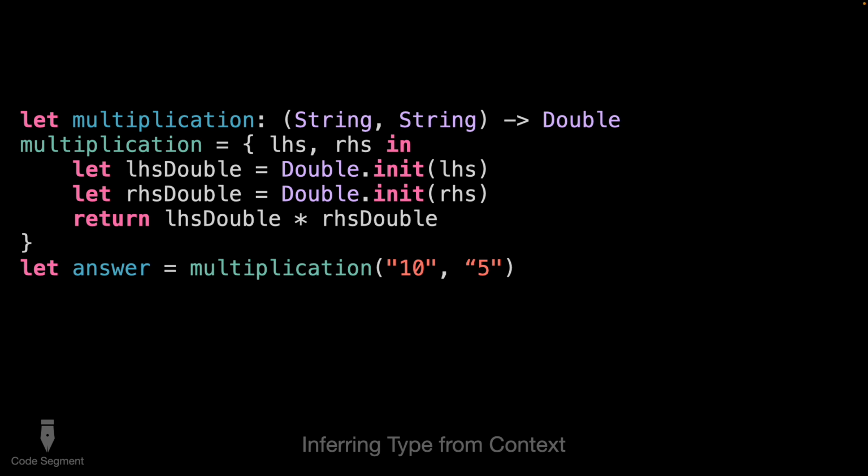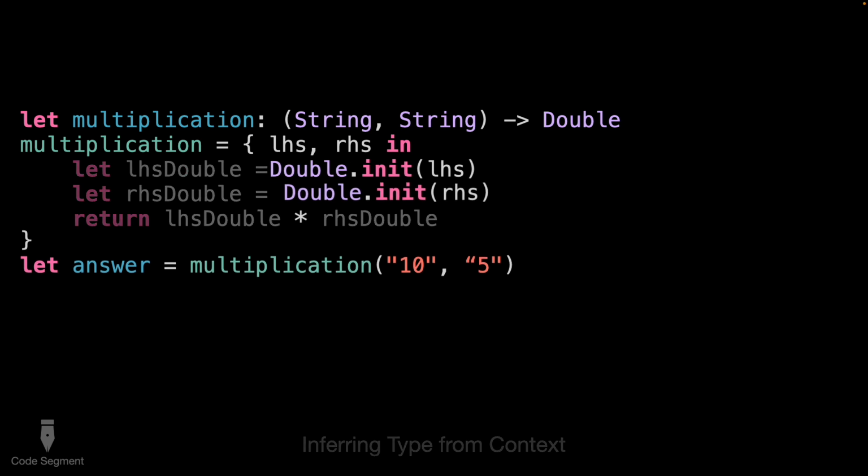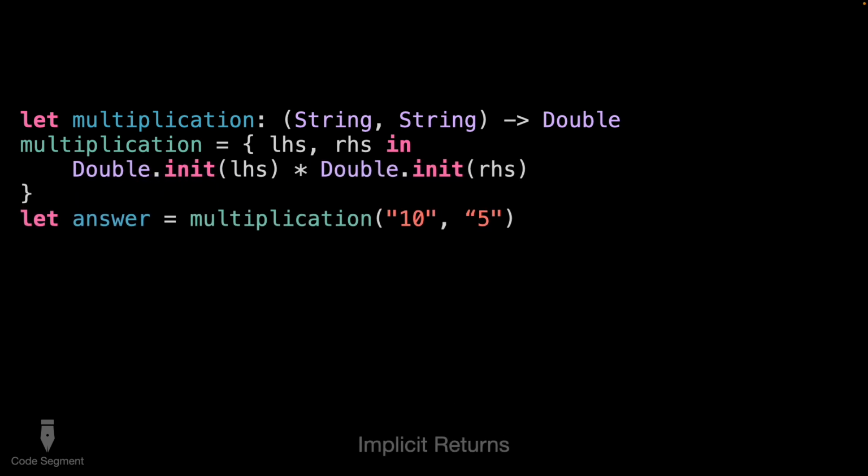However, if rather than assigning these to constants, we just do the multiplication inline all at once, we don't need a return keyword. It knows that this is a return. This only works if it is a single expression. If you ever add anything else to it, an if statement, a switch, another variable or constant definition, then you need to use a return keyword.